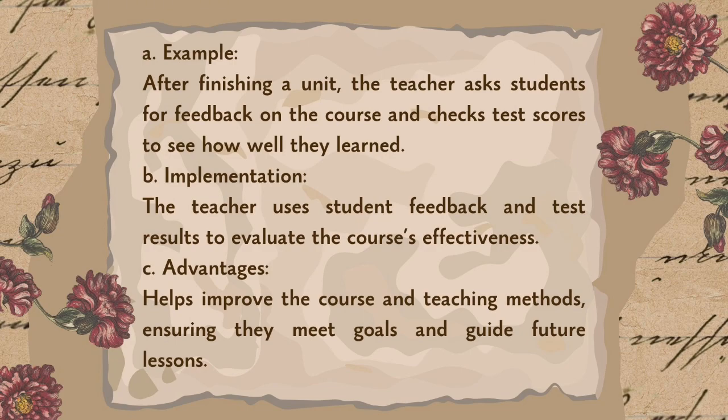The advantage of evaluation is that systematic evaluation helps in refining course content and teaching strategies, ensuring the course meets educational goals. It also provides a basis for making informed decisions about future lesson plans.